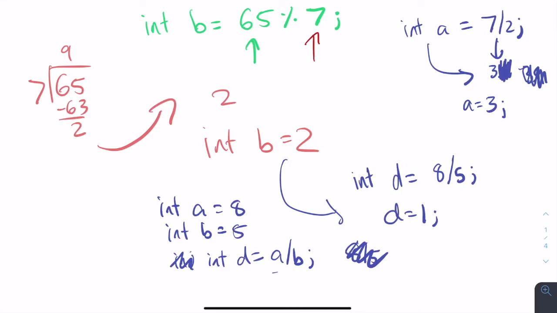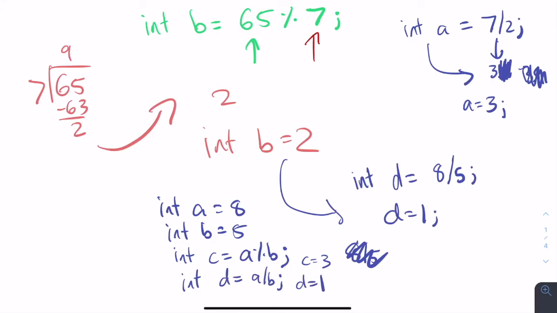Instead of doing this, we can do int c is equal to a mod b, which would be 8 mod 5, so c would be set to 3. Now let's do int d is equal to a divided by b, then d would equal 1. So now you know the actual quotient is 1 remainder 3.